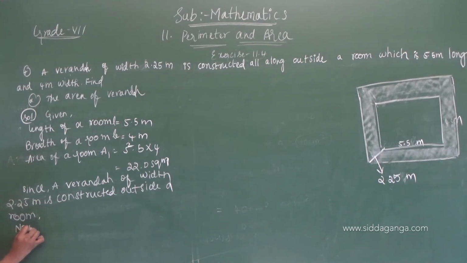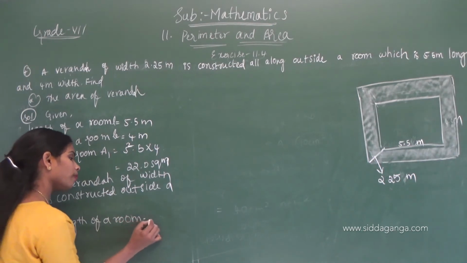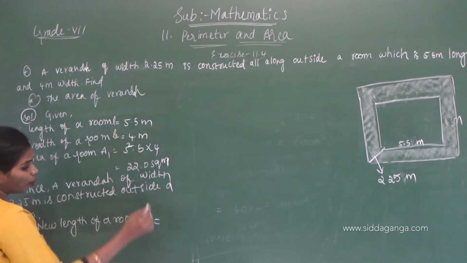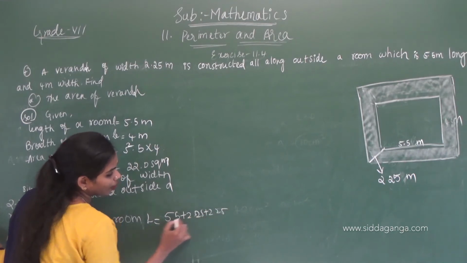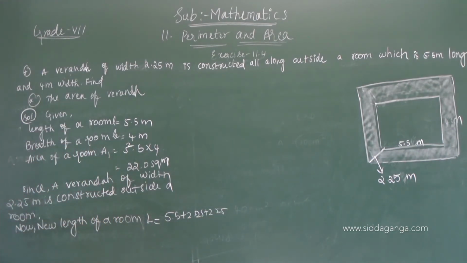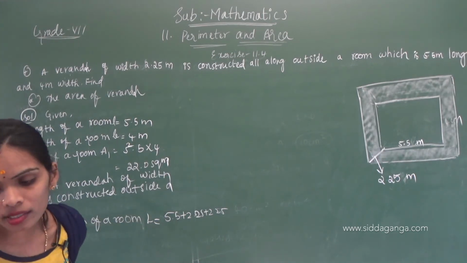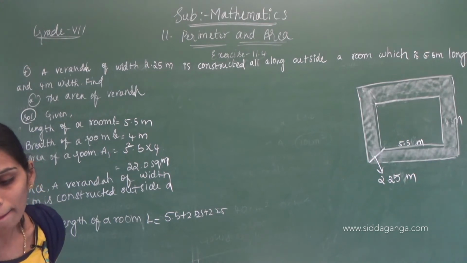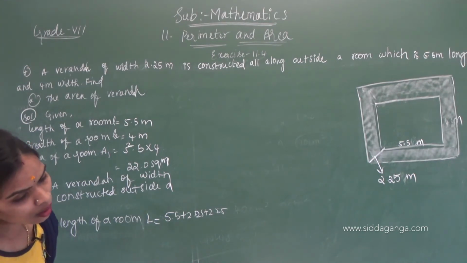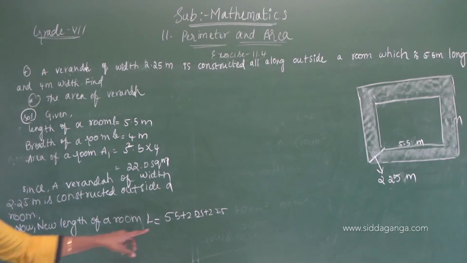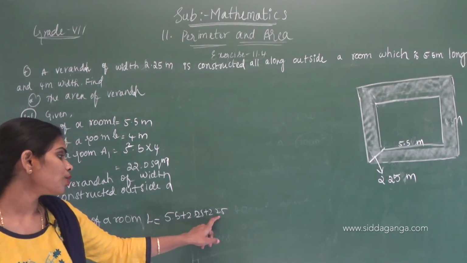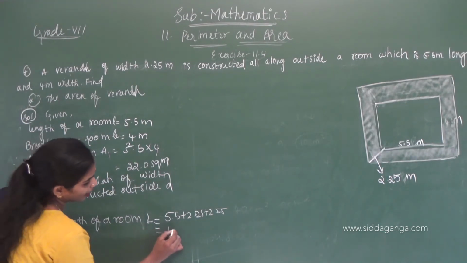Now the new length of the room, L equals 5.5 plus 2.25 plus 2.25, that is 10 meters.